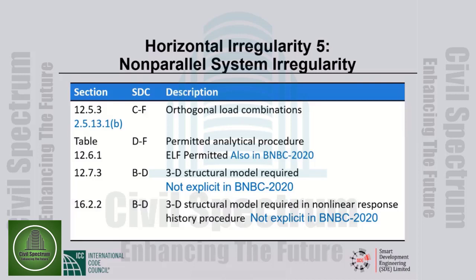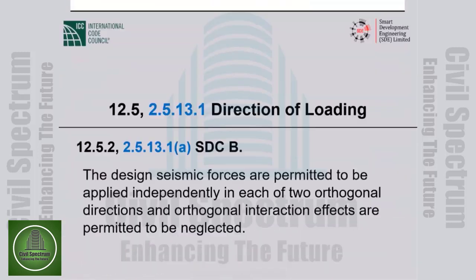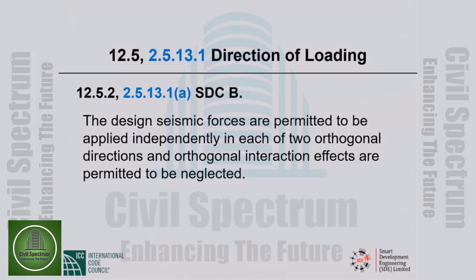Then permitted analytical procedure, equivalent lateral force is permitted by both documents, ASCE 7-05 and BNBC. The 3D structural model required is not explicit in BNBC, and the same thing is true of 3D structural model in nonlinear time history analysis. Now, these orthogonal effects or direction of loading must be a consideration when you have type 5 horizontal irregularity.